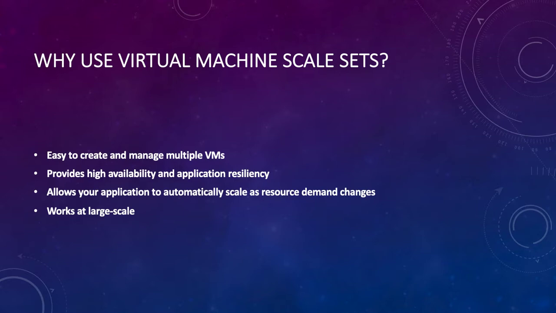With the scale sets, all VM instances are created from the same base OS image and configuration. Later in this video, we will talk about how to create those. This approach lets you easily manage hundreds of VMs without additional configuration tasks or network management.